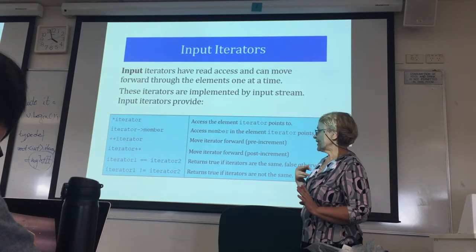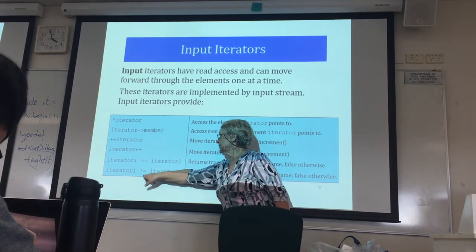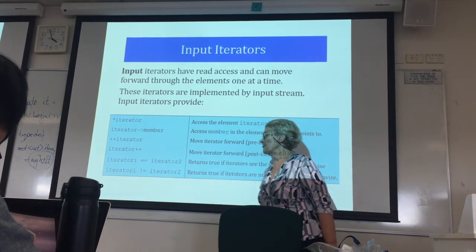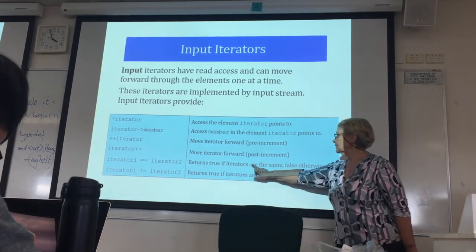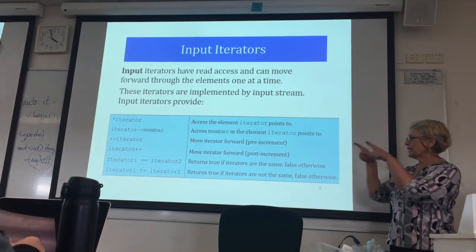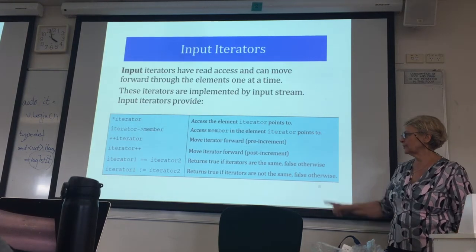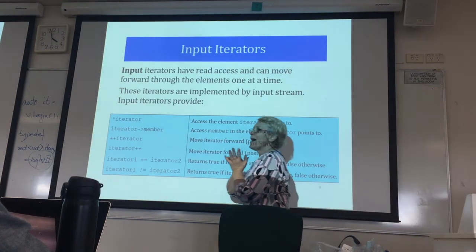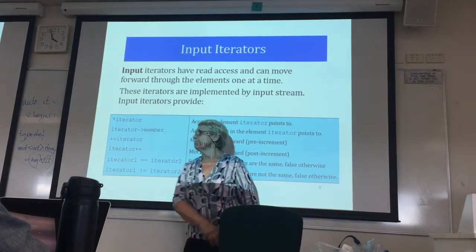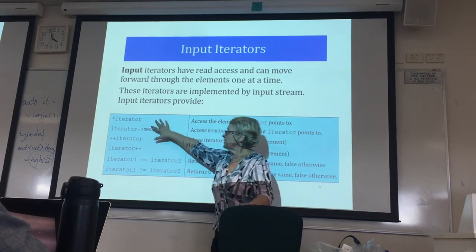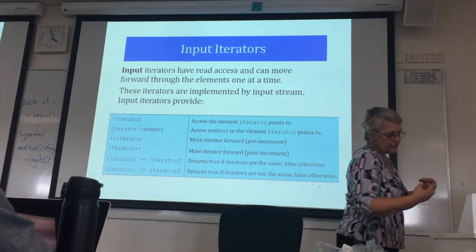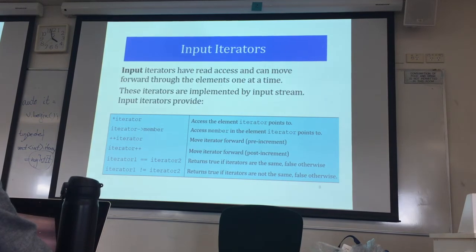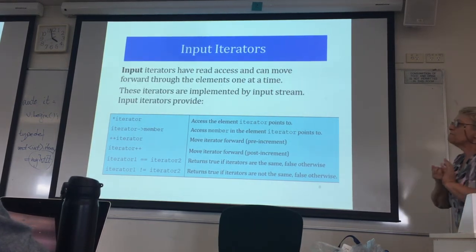As you can see, you can test for equality and non-equality, or you can test whether the iterators point to the same location or not. So this is the simplest concept. Random access will have all these operations plus something. So what we put here are some conditions for various classes of iterators to implement.